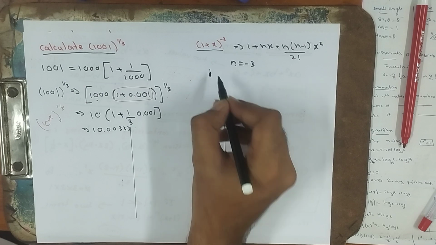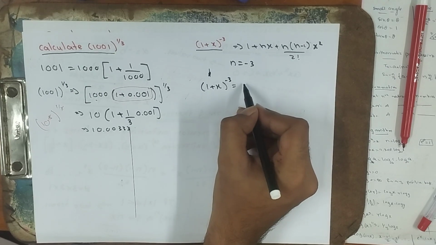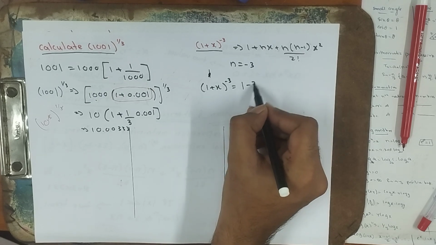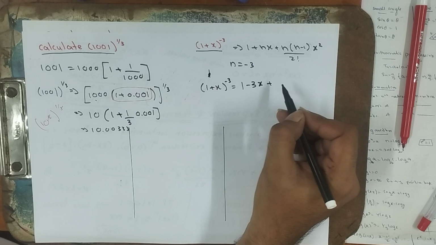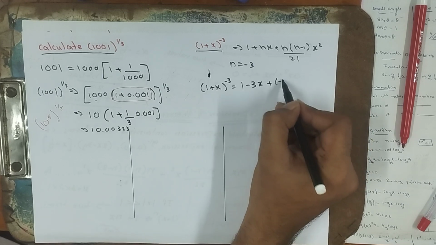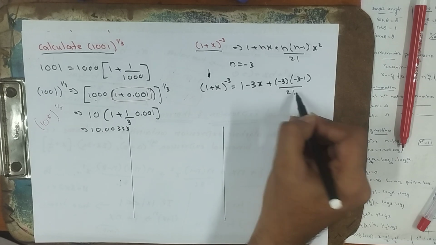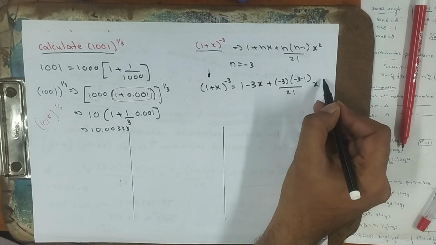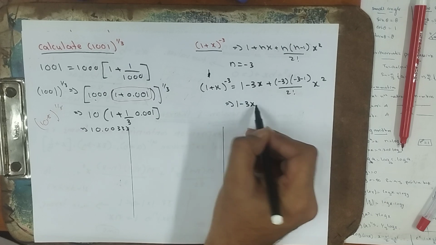Right. Now here, n value is what? -3. Fine sir. Now I will kill this. Don't kill. See, -3 times x value, x only, plus n value -3 minus 1 divided by 2 factorial x to the power of 2. Now finally it becomes 1 minus x.